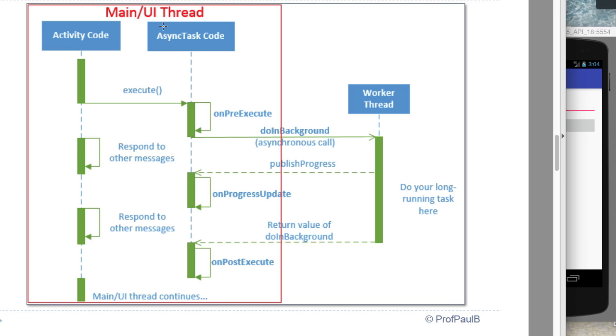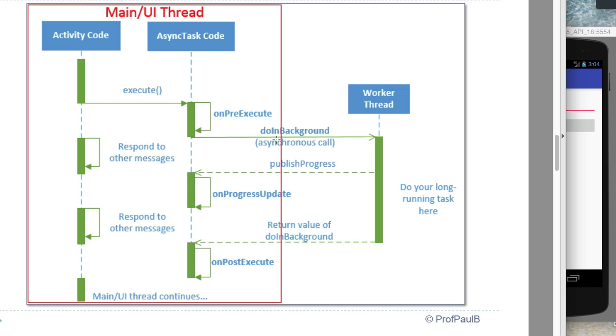Here's our activity code, and here's our async task code. When our activity creates an instance of our async task and calls the execute method, we're going to see this in a second, the first thing that happens on the UI thread is the onPreExecute method is invoked if we've overridden it. Once that is done, the doInBackground method is invoked.